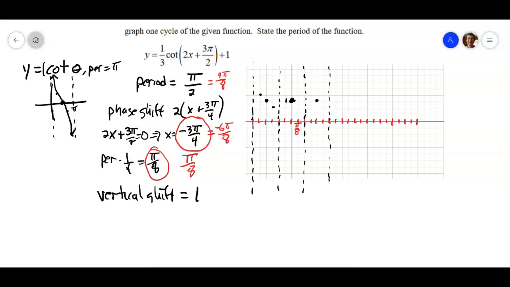And then down, so up and down, up and down. We can now sketch 1 cycle of the cotangent. That would be 1 cycle. I have enough asymptotes to actually sketch 3 cycles. So I can finish these up.